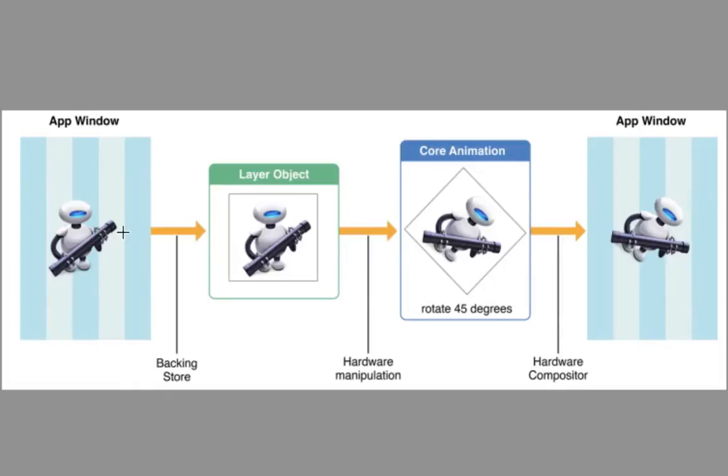This image is stored in a layer object, and the layer object just contains the image data, all the bits of the image. The GPU then takes that and says, okay, we want to rotate this 45 degrees, scale it, and change the opacity to 25%. It does all that, and then draws it back onto the screen, again using the GPU. All this is really fast.